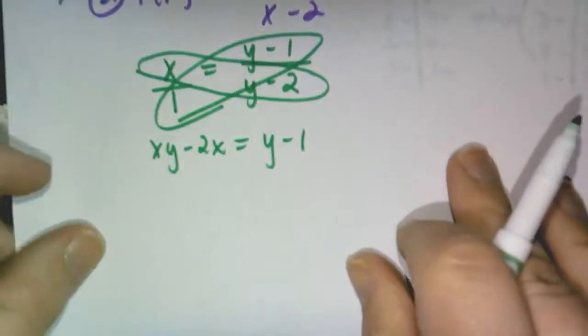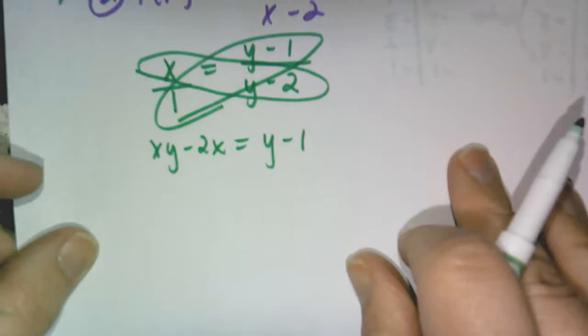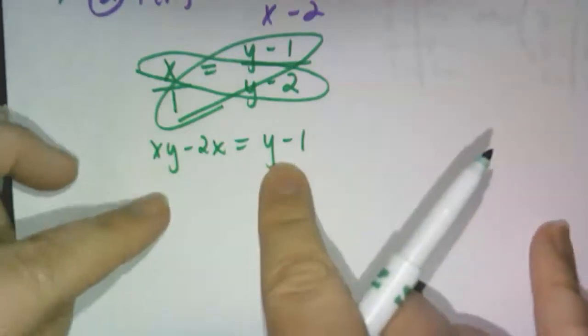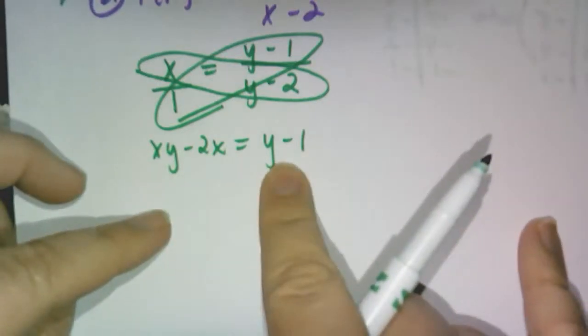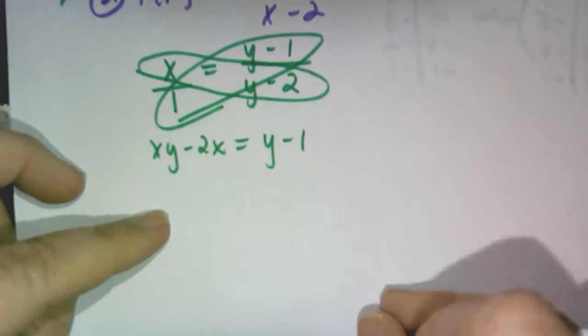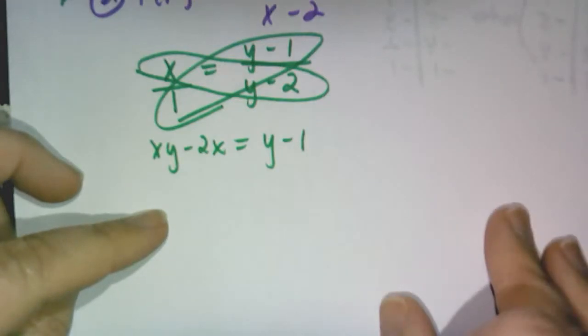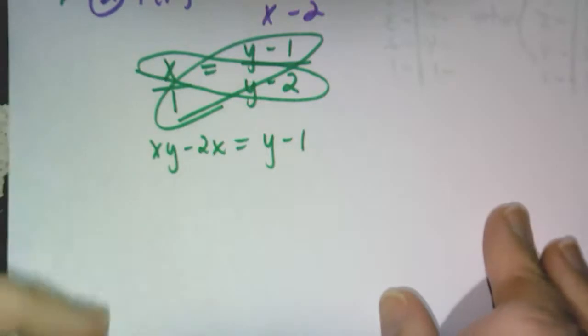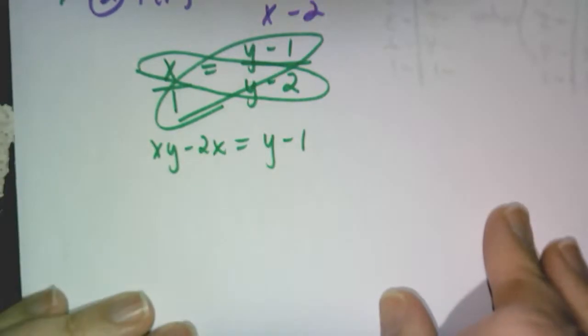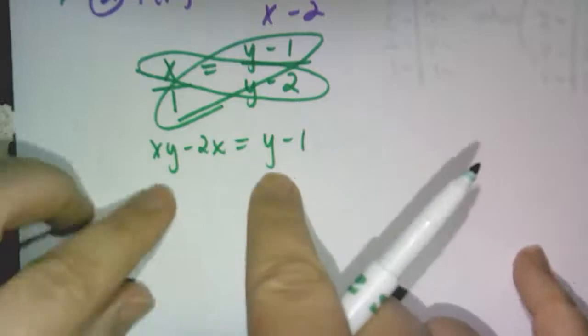What do you do now? Because again, I got y's on either side. Add 1. Okay, but how am I going to solve for y? Plus 2x. Okay, so if you had, let's just think about this.